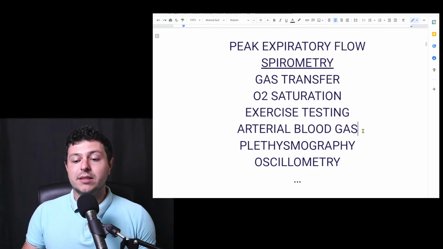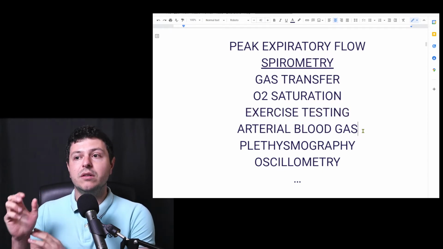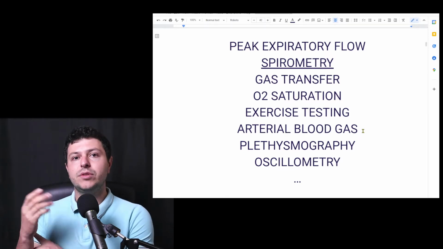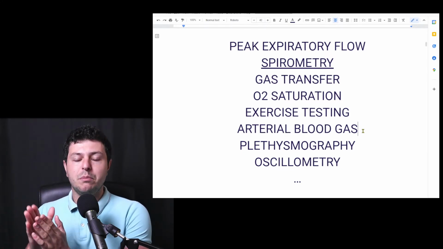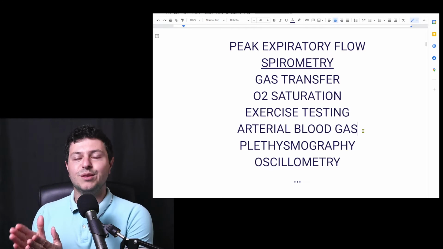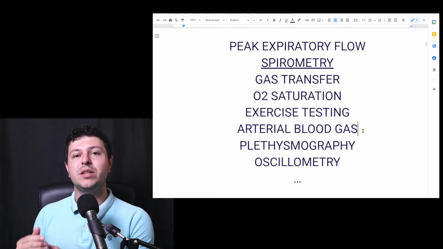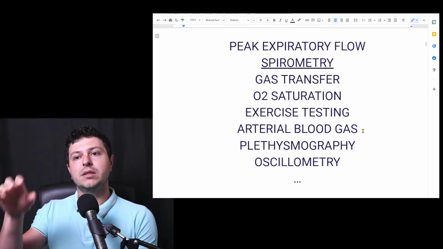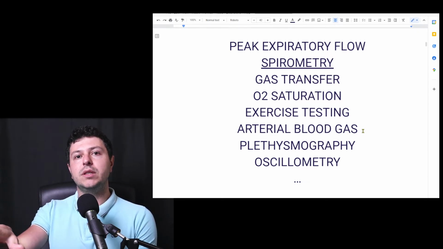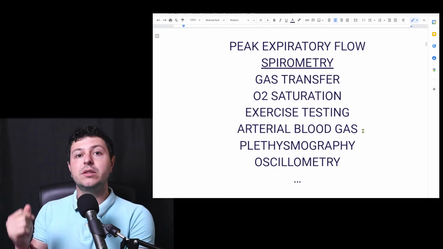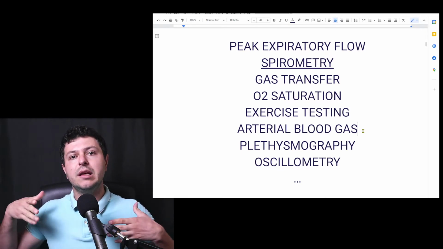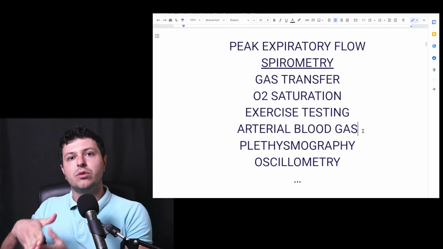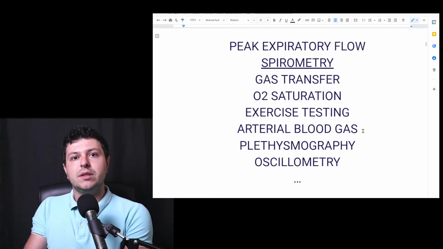Arterial blood gases. Sometimes we need to measure the concentration of oxygen and carbon dioxide in the actual blood. To get the most accurate measurement, we need to measure the blood that comes from the lungs, carrying oxygen to the rest of the tissues. That's arterial blood. It's not in your veins, it's in the arteries, the blood tubes that carry the oxygen from the lungs through the heart and out towards the rest of the body.